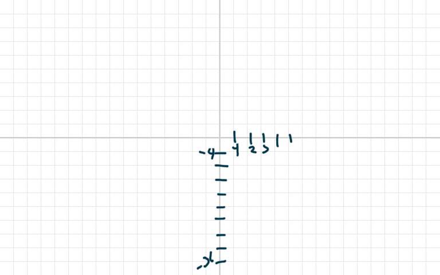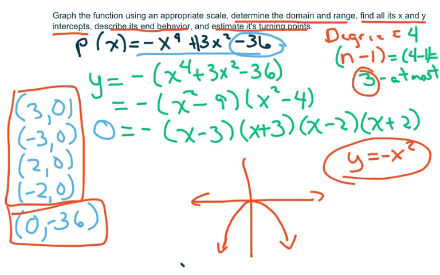All right, so I went ahead and kind of scaled this. On my y-axis, I went by 4s here, and on my x-axis, I went by 1s. So I'm going to graph my intercepts, and I forgot what they were. 3, 2, and 2.